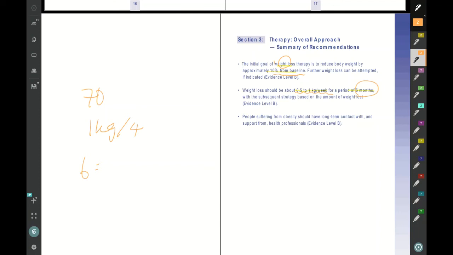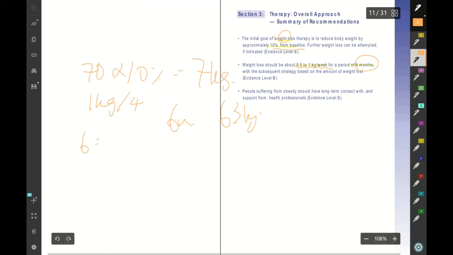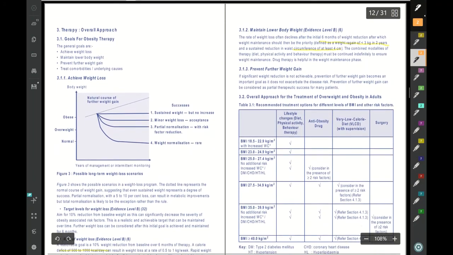Alright, let's take 10% from the baseline. That means the patient is going to lose 7 kilograms. So in 6 months, we are expecting the patient to be 63 kilograms. Yeah, that's easier to understand. Alright, let's move on.